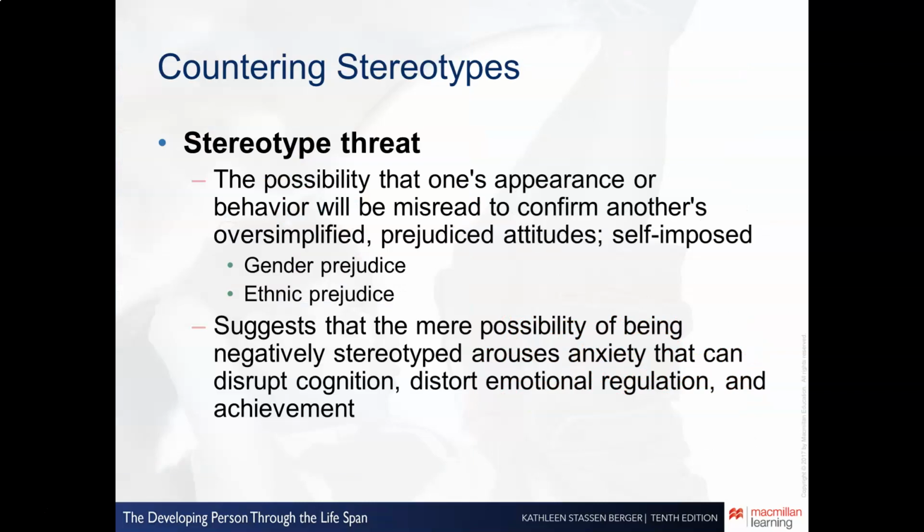Okay, and they talk about the importance of stereotypes and how they affect one at this stage of development, so they use the term stereotype threat. The actual formal definition they posit is the possibility that one's appearance or behavior will be misread to confirm another's oversimplified, prejudiced attitudes.